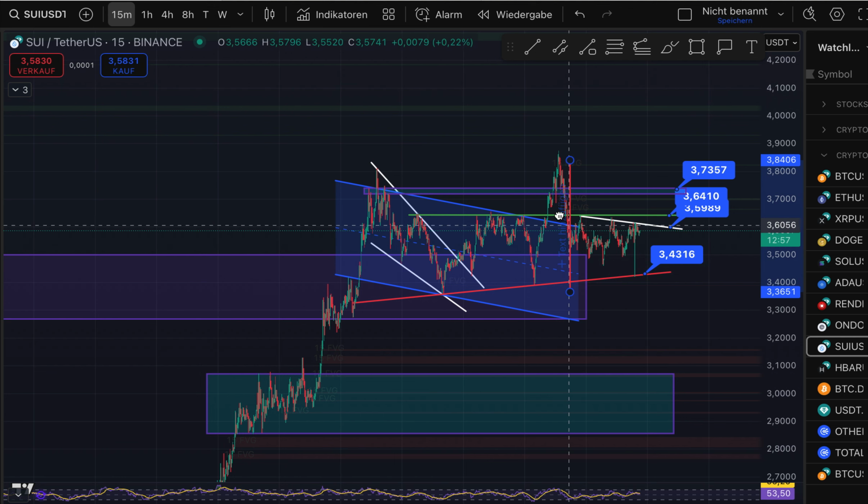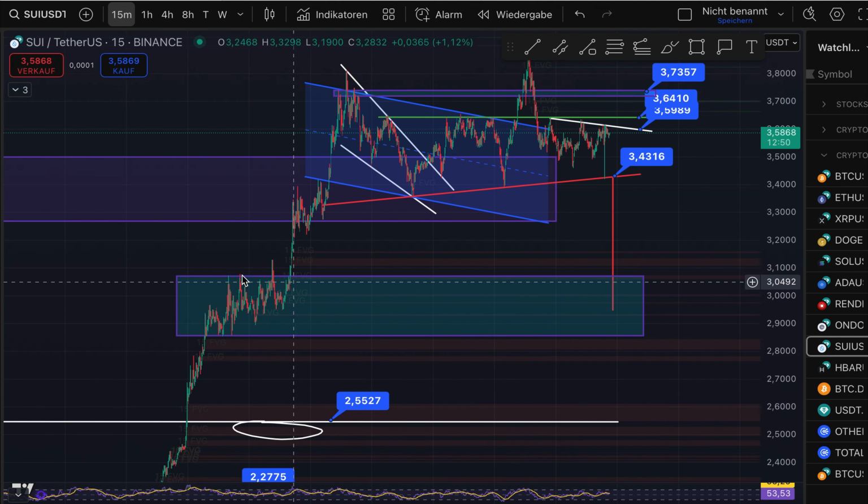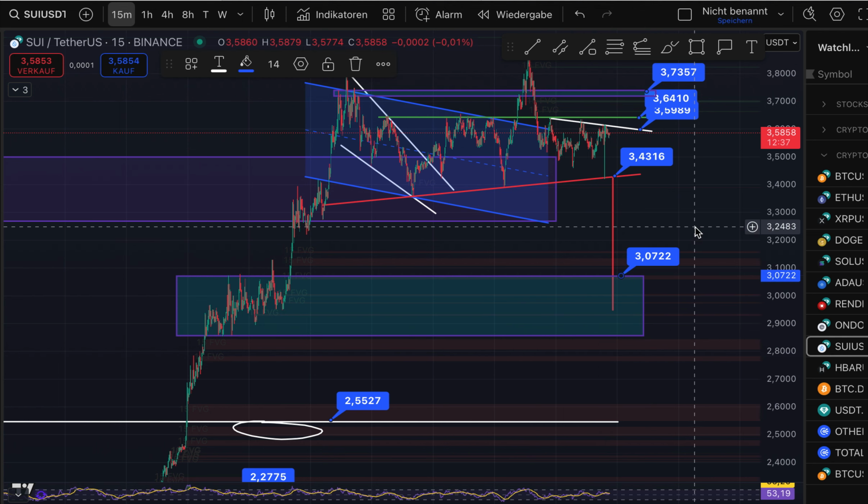I can take here the length of the top to the bottom, put it here, and you can see we also have another support box. Target would be the $2.95, but I will consider taking profits earlier, starting from $3.07 for SUI.